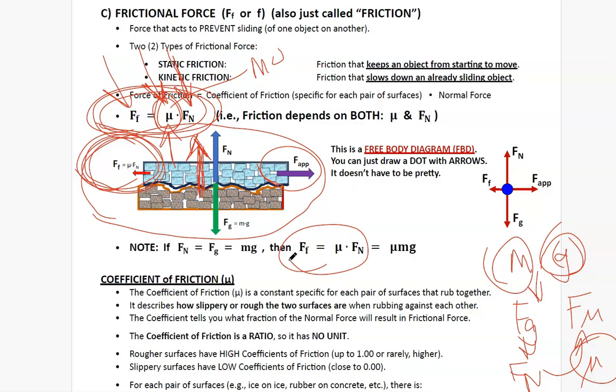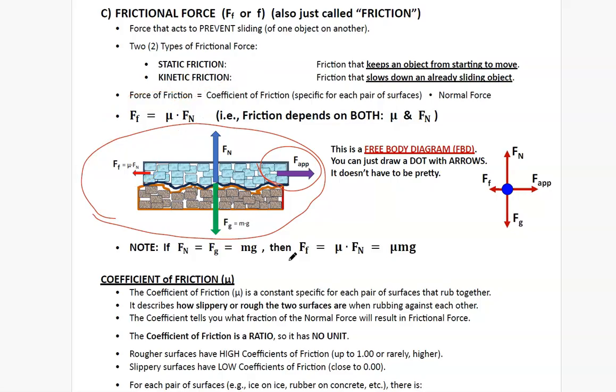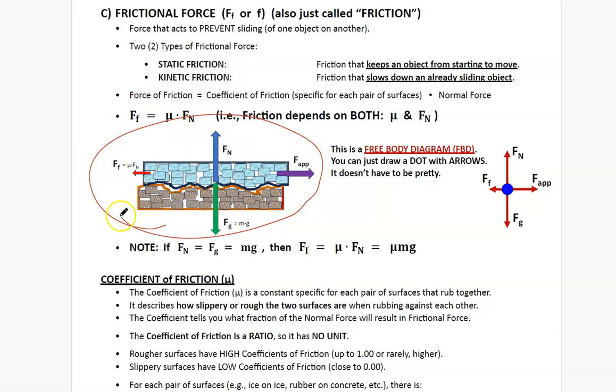All right. Now you'll notice in this diagram here, and I'm going to erase a lot of these pieces so that we have a clear view of what's on the screen. If you look at this diagram, we have all these force arrows, these vector arrows representing the different forces.